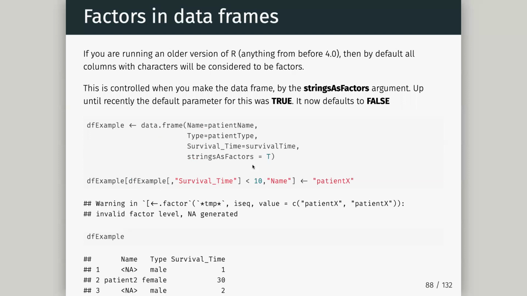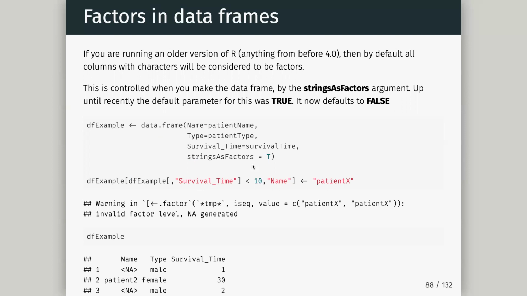Oh, I was hoping for this slide actually. So the real problem with this was that when you read in any type of table in R, up until I think R4, when it read in the table and tried to make you a data frame, it was converting any strings to factors.